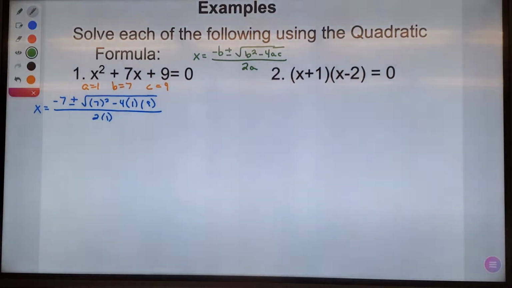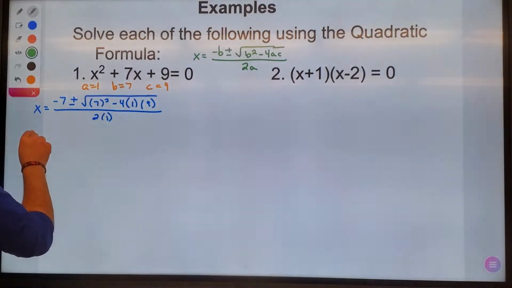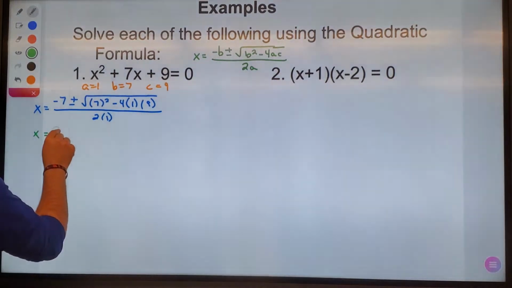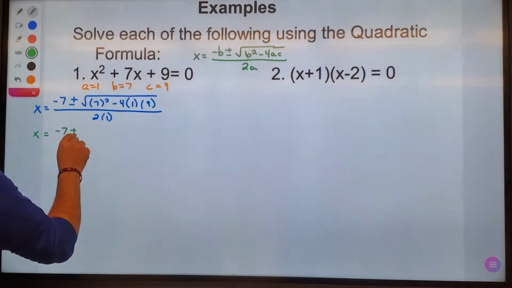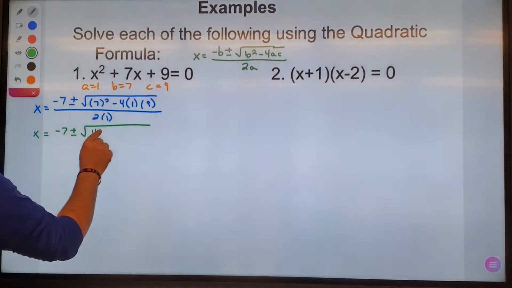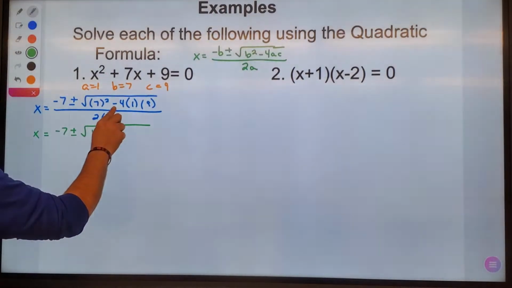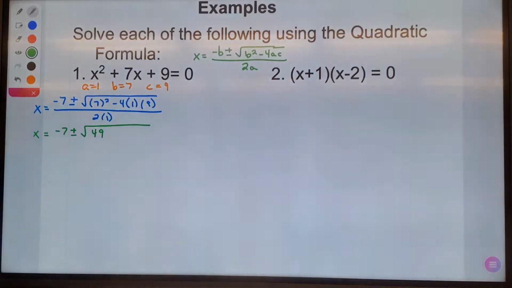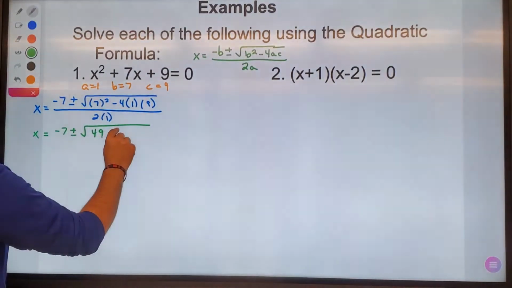I'm going to then focus on just underneath that square root. So I have x equals negative 7 plus or minus the square root. 7 squared is 49. Negative 4 times 1 is negative 4. Negative 4 times 9 then is negative 36.